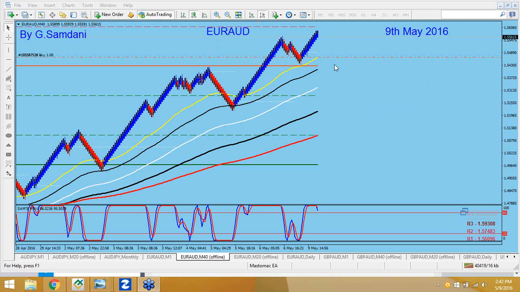Now, Euro-Aussie, this is a 40-minute chart I have. I don't know what kind of chart you have, but you should have the same chart, right? If you look at it, this is a clear high here on a 40-minute chart. Forget about the weekly and monthly numbers and levels. Simple as that. This is a daily pivot running here, the red line, and this is the high here.